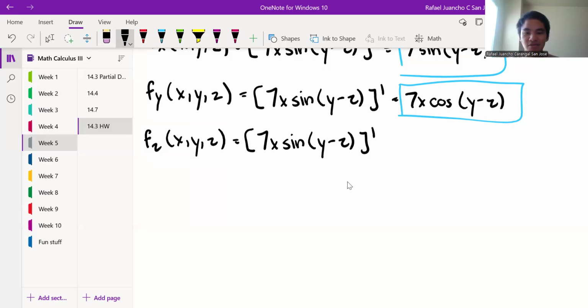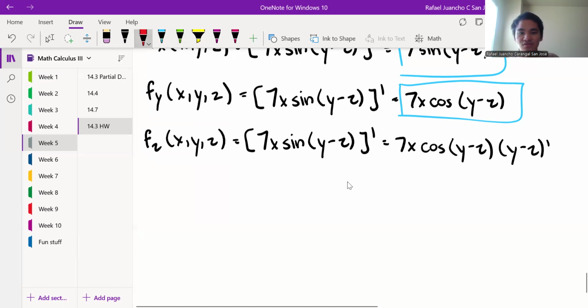Yeah. So here my z is the one I'm trying to differentiate. My x and y are numbers. So I leave my 7x because that's a number. I take the derivative of this, so that's cosine of whoever's inside, in this case y minus z. And then I take the chain rule of that. Well, here I treat my z as the variable, so this becomes 1. y is a number I treated as 0, so I'm left with -1.